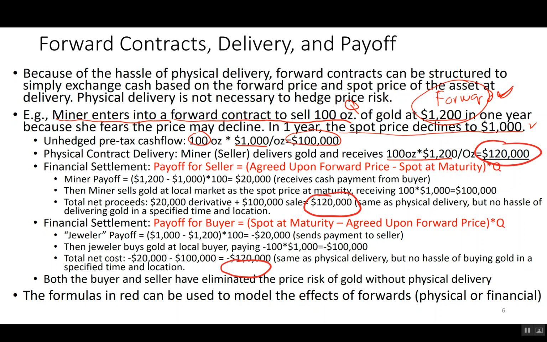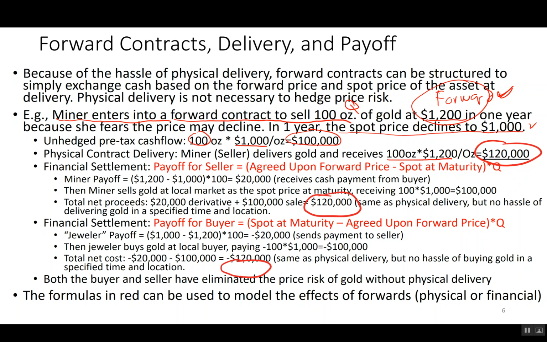The buyer would then give her $1,200 an ounce for $120,000. So this is the benefit of a forward contract. No matter what happens to the price of gold, this miner is guaranteed a cash flow revenue of $120,000. We'll call that pre-tax.